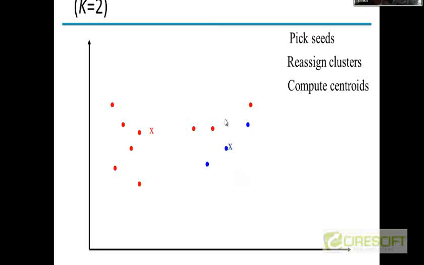G is just g1 plus g2, or you can say g red plus g blue. Now what do we do in the next step? We recompute the distance between each of the points and these two centroids. And now you can see that these 3 red points in the next step change their color to blue.